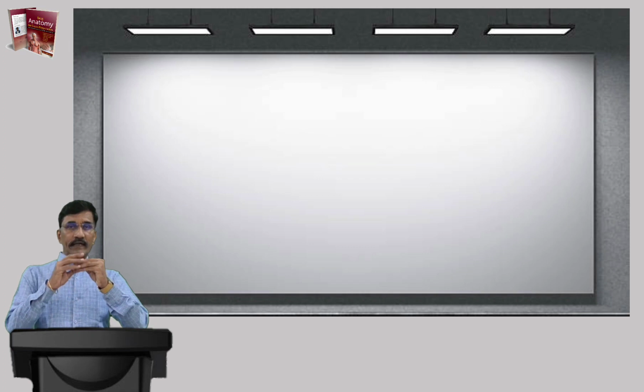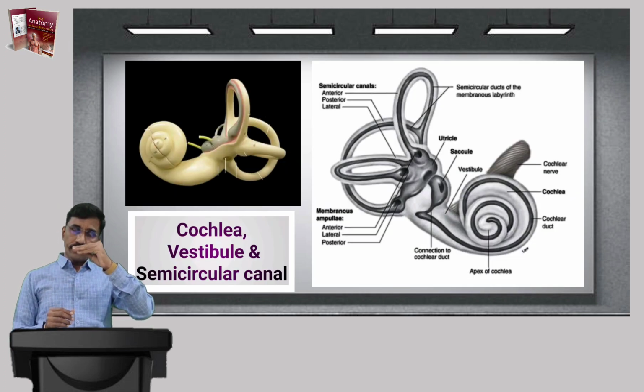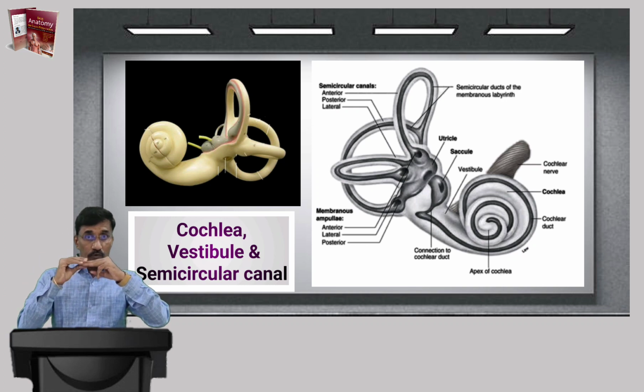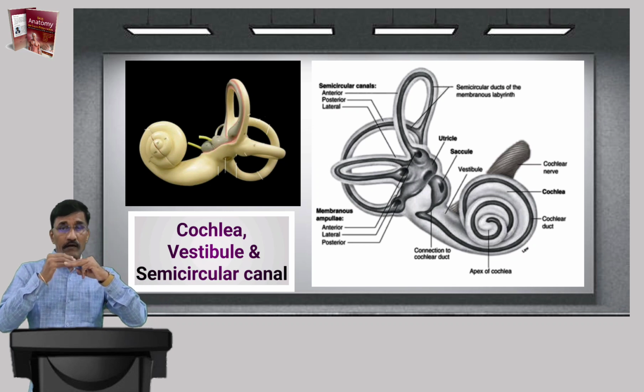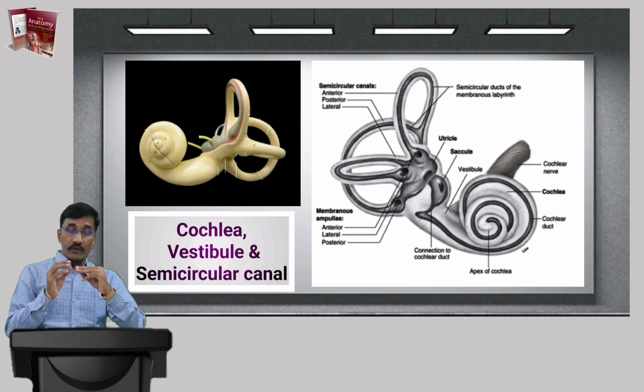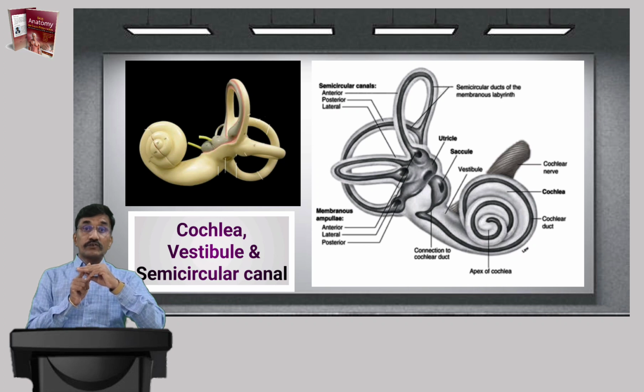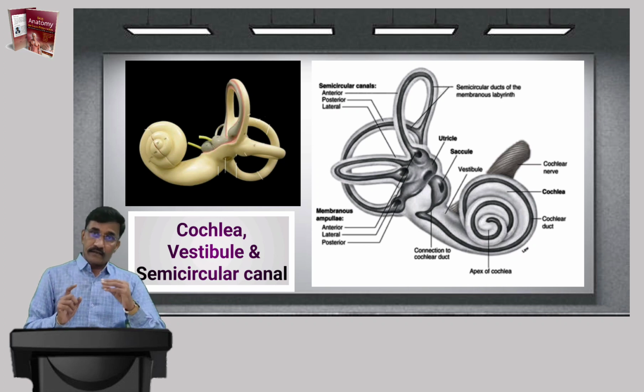Now the first bony part is the cochlea. This is the cochlea, which is towards the anterior. The cochlea is made up of a central portion around which the bone is rounded 2.5 times. This central portion of the cochlea is known as the modiolus. Model, any model, film actor and model.